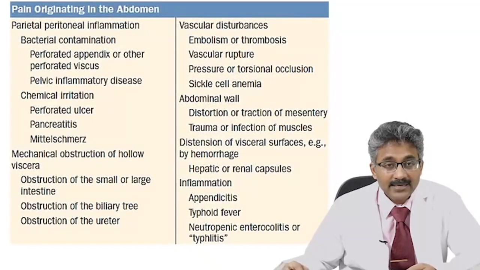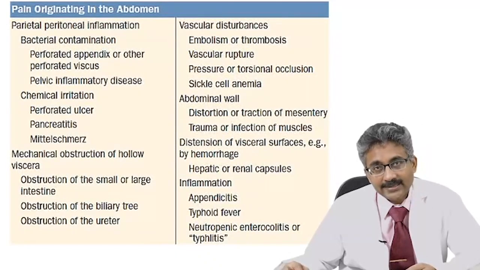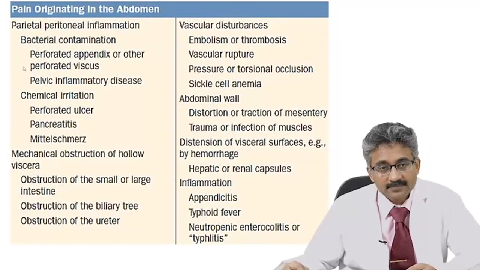But there are some conditions where spasm may not occur in spite of parietal peritoneal inflammation: in a retrocecal appendix, or if the rupture occurs into the lesser sac, in a psychiatric patient, an elderly patient, and immunosuppressed patients, there may not be any rigidity or guarding in spite of peritoneal inflammation.